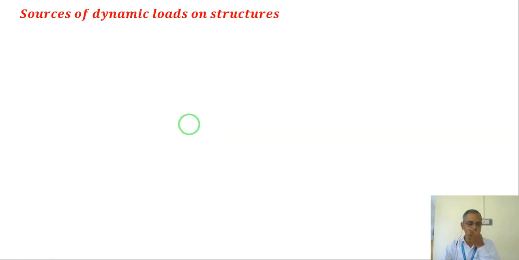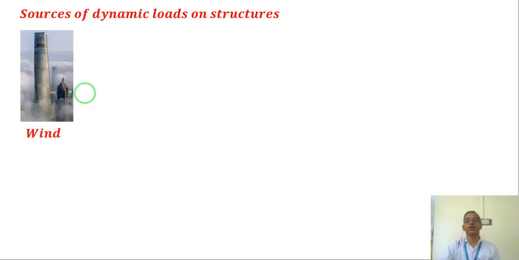So now let us see the sources of dynamic loads. From where do we find the dynamic loads? If you look carefully, the wind has a fluctuating component called gust wind, gust factor, which is the vibrating part of the load on the structure.